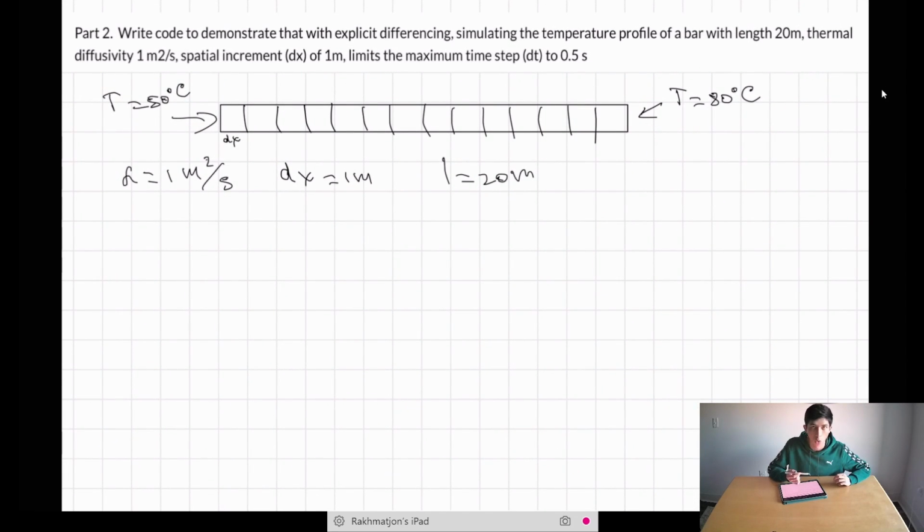Okay, so we have to consider the heat diffusion in the x direction, right?